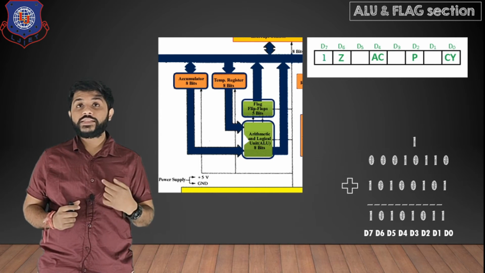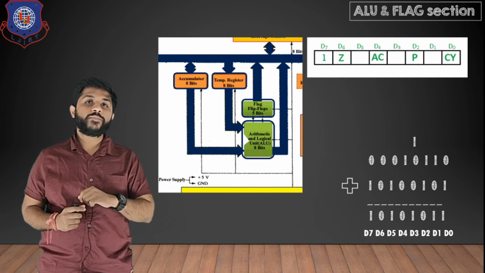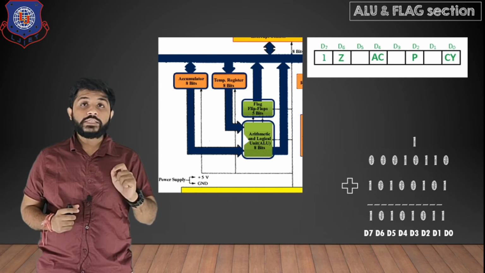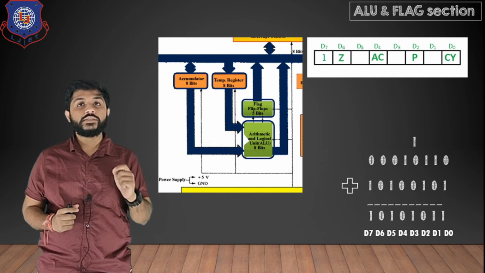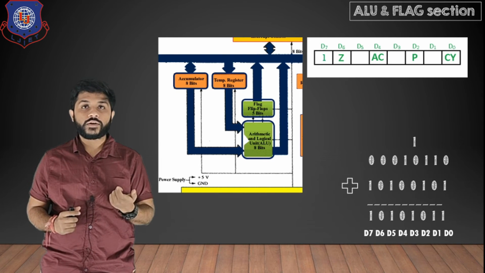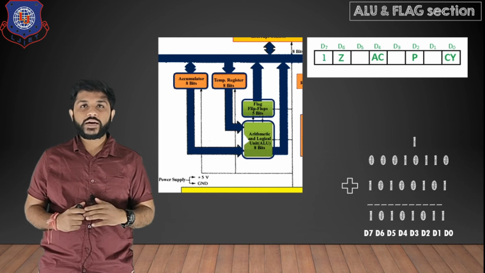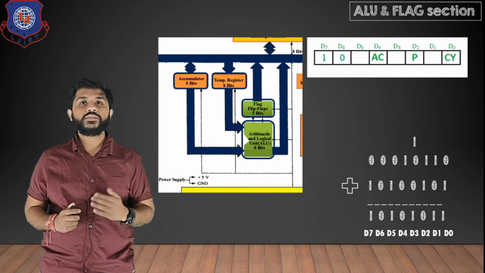After that, let's see when the zero flag will be affected. After performing any arithmetic and logical operation, if all the bits from D0 to D7 are 0, in that case the zero flag will be set, meaning the value of the zero flag will be 1. Right now you can see that in the answer all the bits are not 0, so the value of the zero flag will be 0.